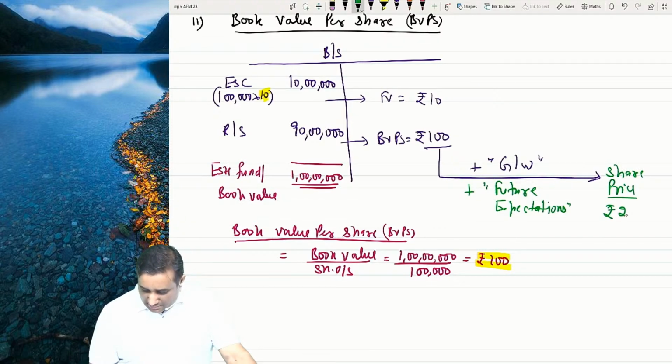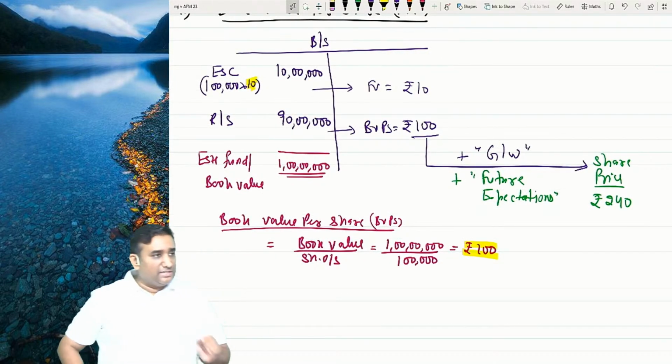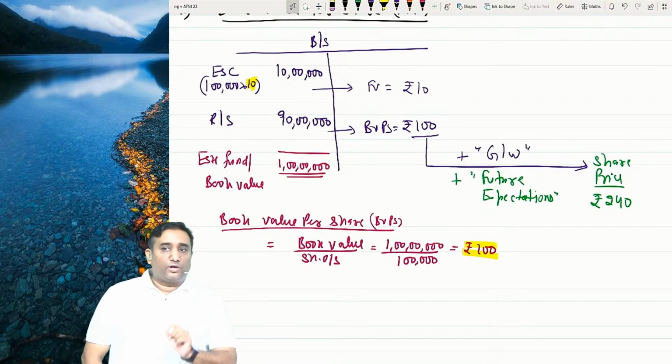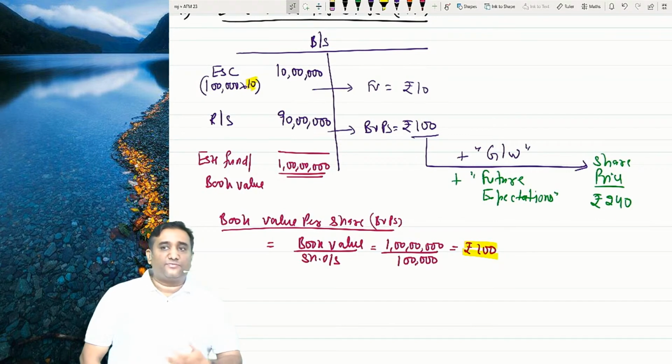Let's suppose this price is 240. Now you should be able to easily clarify that between 240 and the book value of 100, the gap is future expectation or goodwill, because you'll be earning a return because of your past efforts. Between face value and share price, two impacts come. One is because of reserves and surplus, second is because of the expectation.